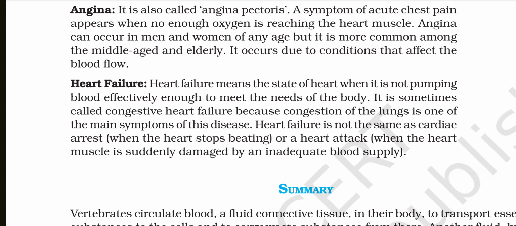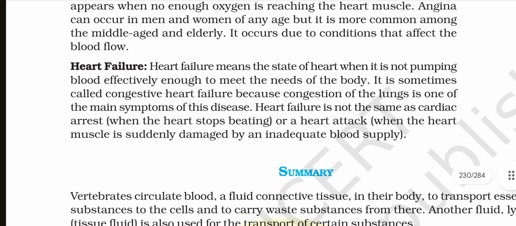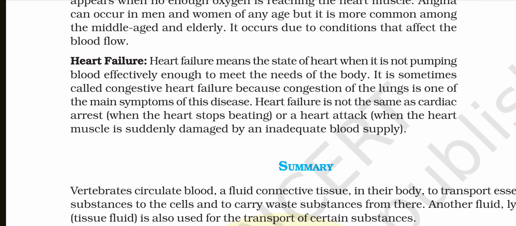Heart failure means the state of the heart when it is not pumping blood effectively enough to meet the needs of the body. It is sometimes called congestive heart failure, because the congestion of the lungs is one of the main symptoms of this disease. Heart failure is not the same as cardiac arrest, when the heart stops beating, or heart attack, when the heart muscle is suddenly damaged by an inadequate blood supply.